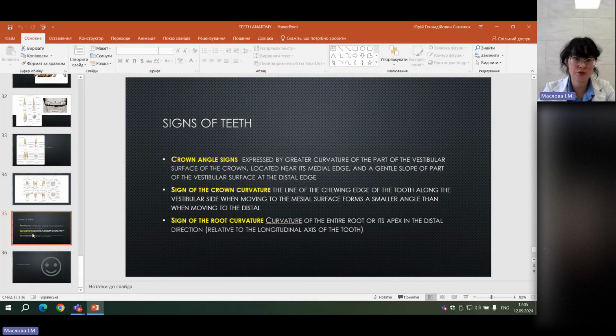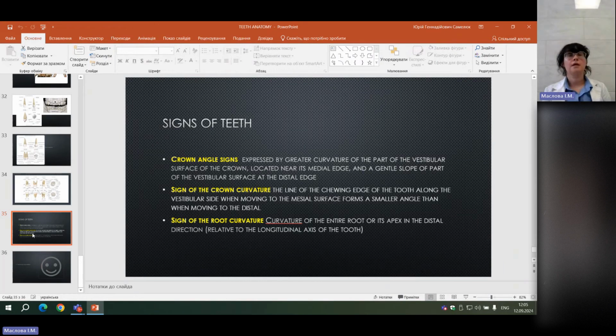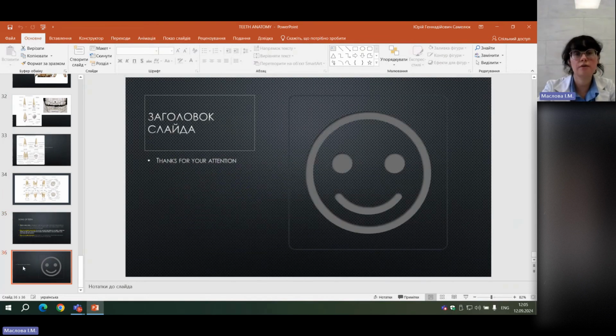When you want to repair the external tooth structures with artificial crowns, artificial fillings, or filling material, you have to remember first of all the crown angle signs, because this is the base of your professional understanding and professional restorative techniques. Thank you for attention.